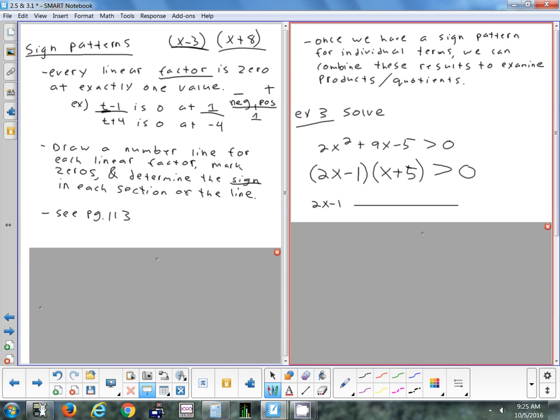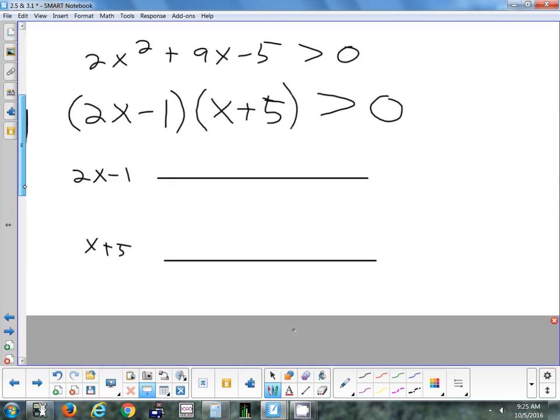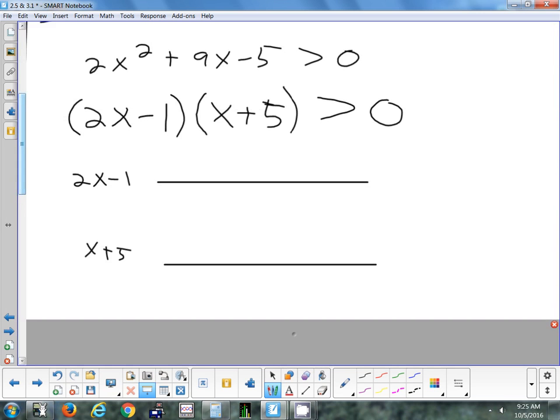And how many sections are going to be on my final number line? 4. Yeah, this one's going to have 4, right? Because we're going to have -3, 0, and 1. So my 4 sections are here, here, here, and there.